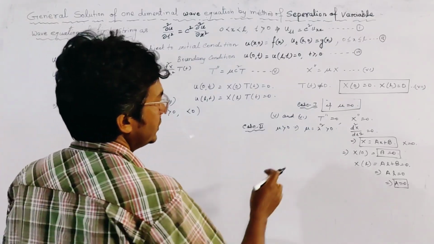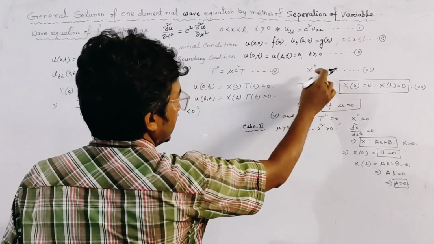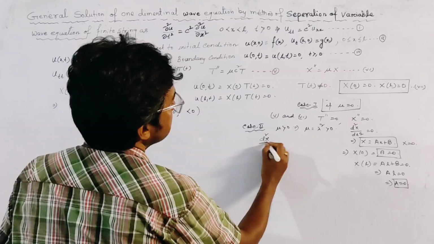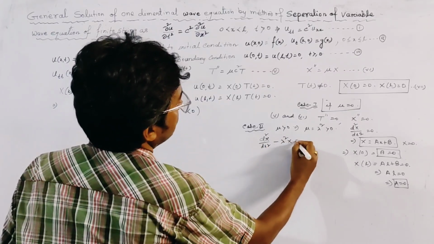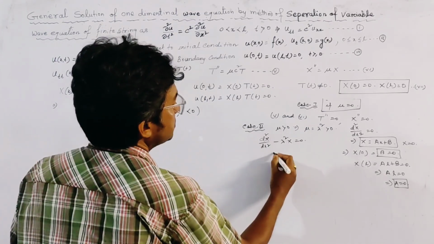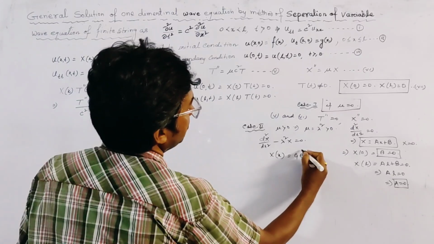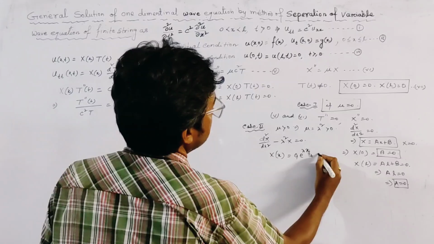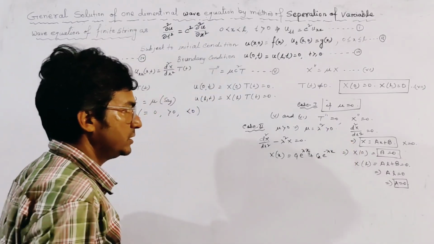Then we first solve this equation: d2x by dx2 minus lambda square into X equal to 0, and we know the complete solution is X of x equal to c1 e to the power lambda x plus c2 e to the power minus lambda x.